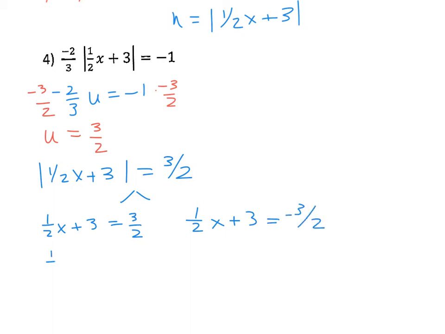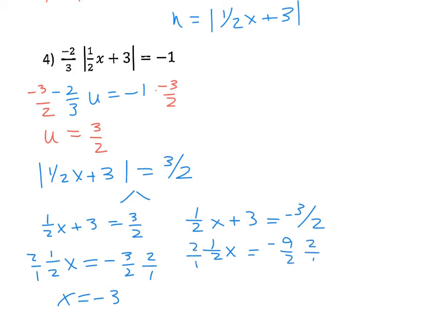So if I subtract 3, I get 1/2 x equals -3/2. Multiply each side by 2 over 1, so I get x is -3. Second one, subtract 3, so I get 1/2 x equals -3 plus -3/2, which would be -4.5, which is -9/2. Multiply by 2, I get x is -9.